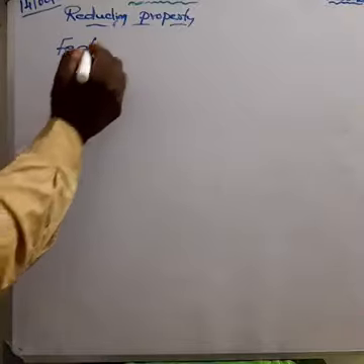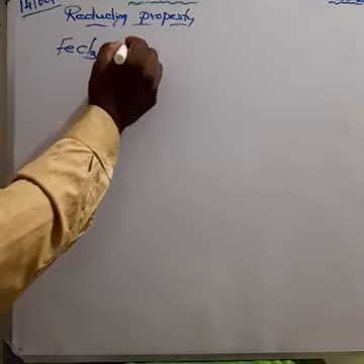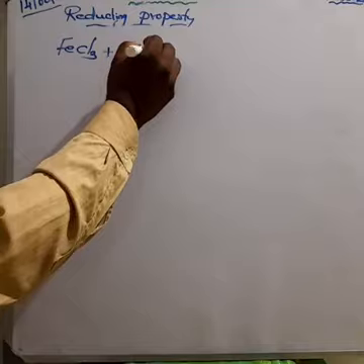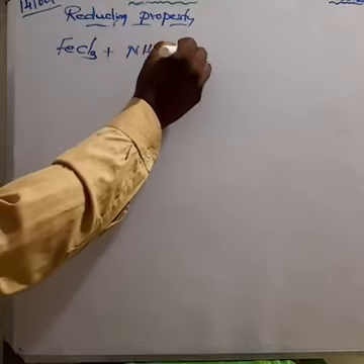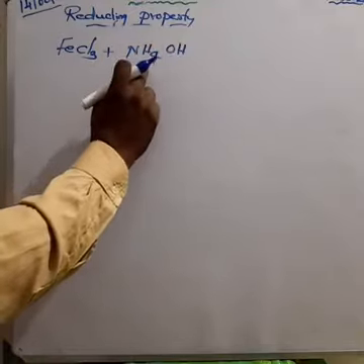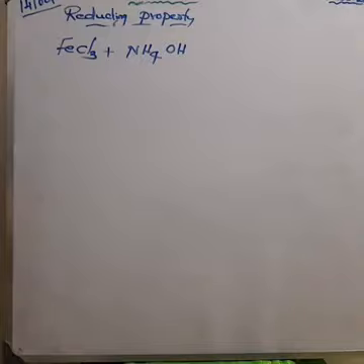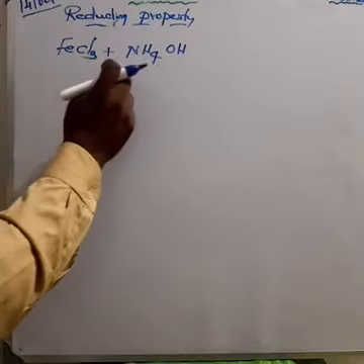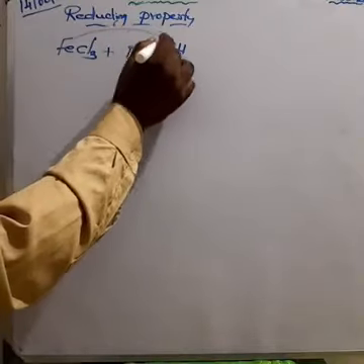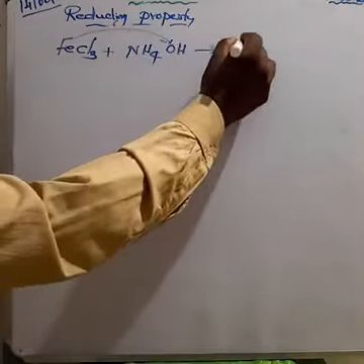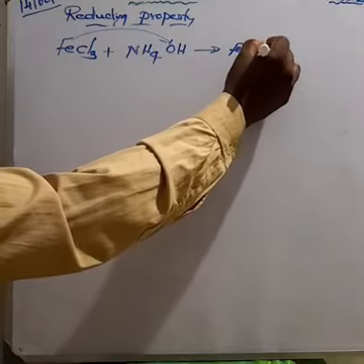Okay, this ferric chloride reacts with ammonium hydroxide. Ammonium hydroxide formula NH4OH gives, this ion combines with the OH, we get iron hydroxide.